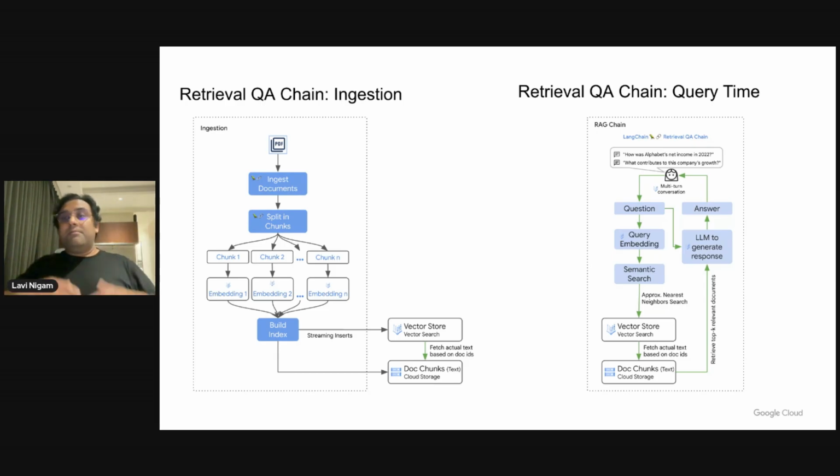Imagine you have millions of chunks and you want to find which chunks are very similar to each other semantically, not by the usage of the words. You need something like embeddings, because embeddings are great at finding semantically similar chunks to a given chunk.